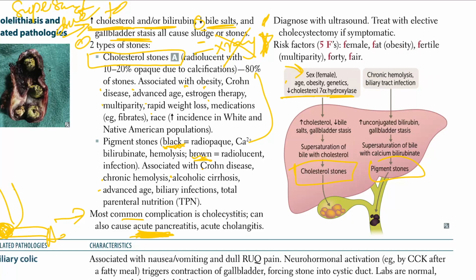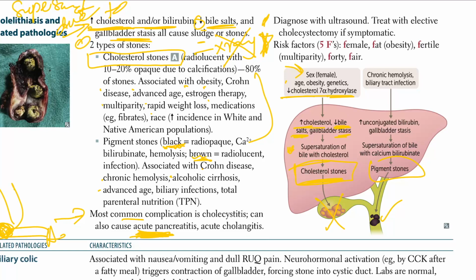This leads to increased cholesterol and decreased bile salts. You should have had normal cholesterol and normal bile salts, but now you have an increase in cholesterol and a decrease in bile salts, and also some stasis of the gallbladder. This leads to supersaturation of bile with cholesterol, leading to cholesterol gallstones. And you cannot see them on X-ray. But the black ones, definitely you can see on X-ray.